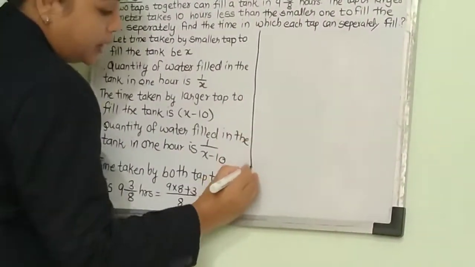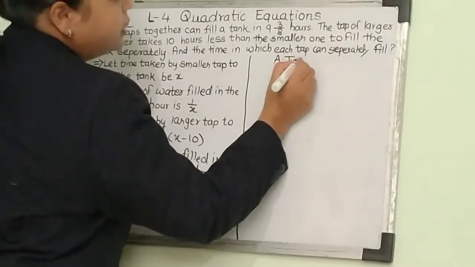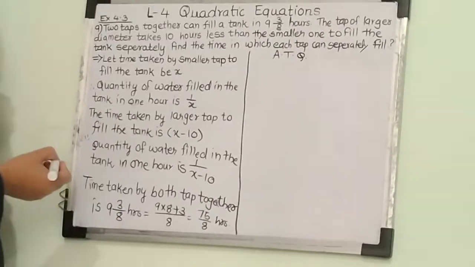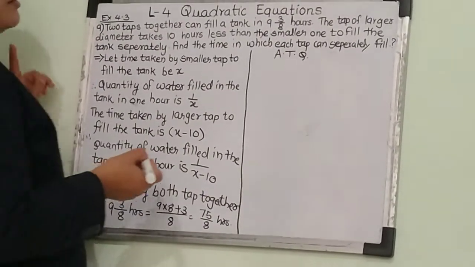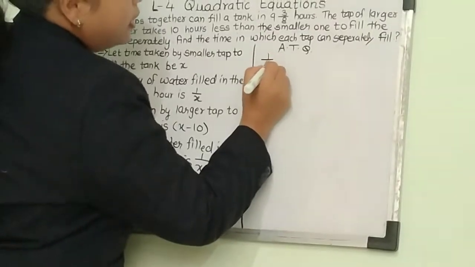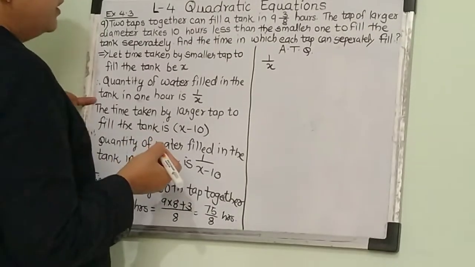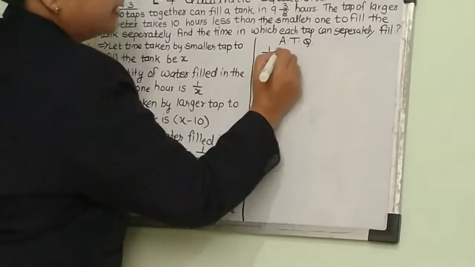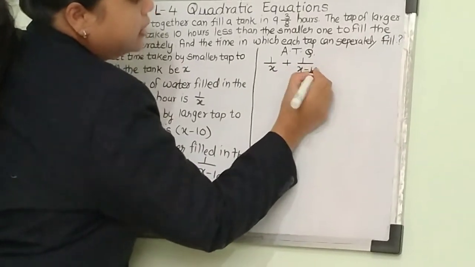Now according to the question, the condition will come as we are going to take for 1 hour. So in 1 hour, the quantity of water it can fill is 1 upon x plus 1 upon x minus 10.